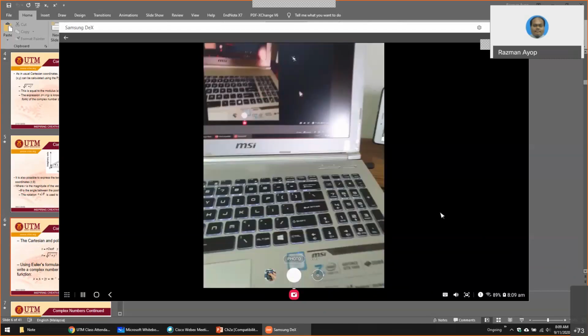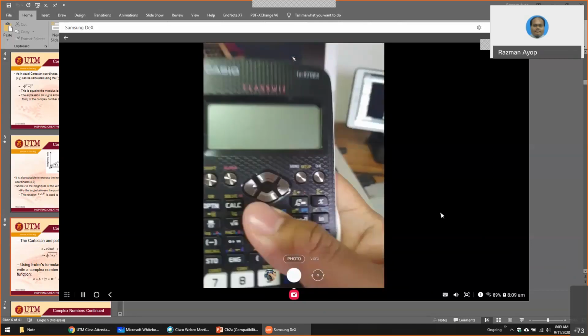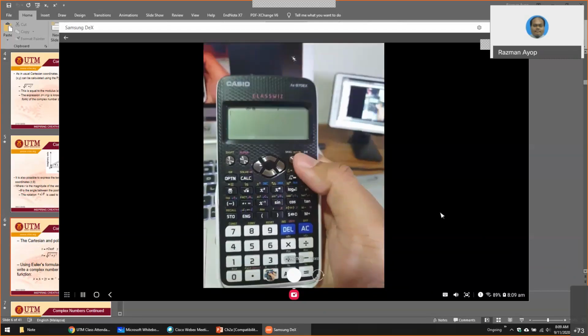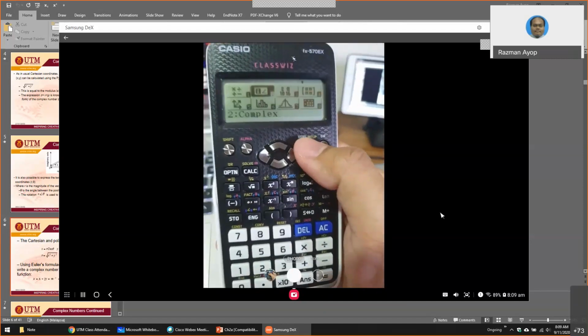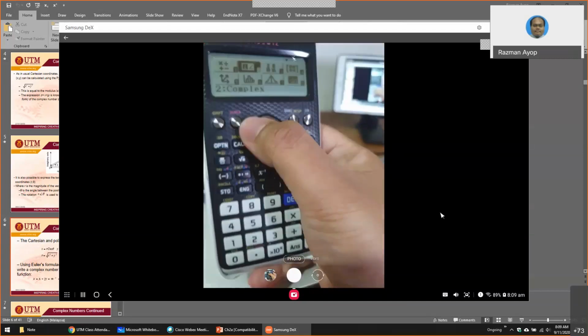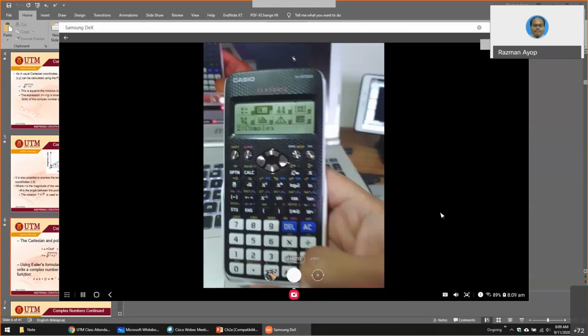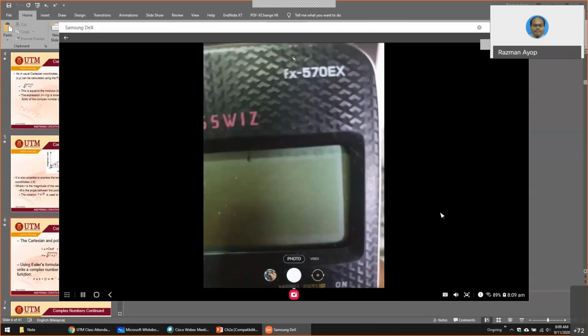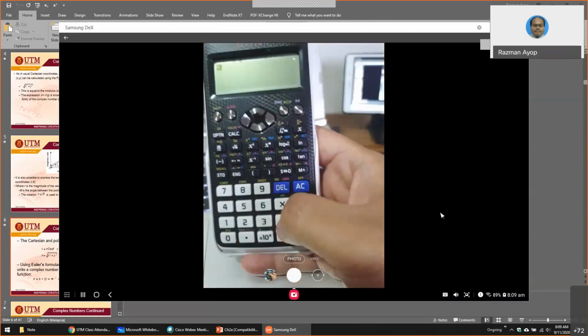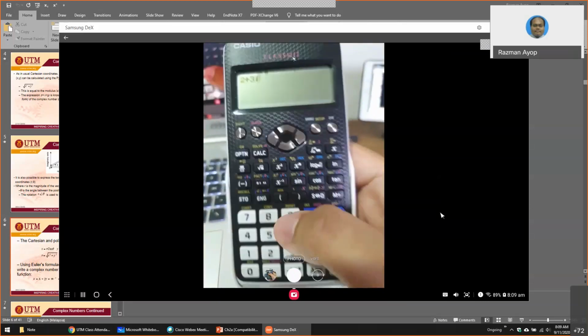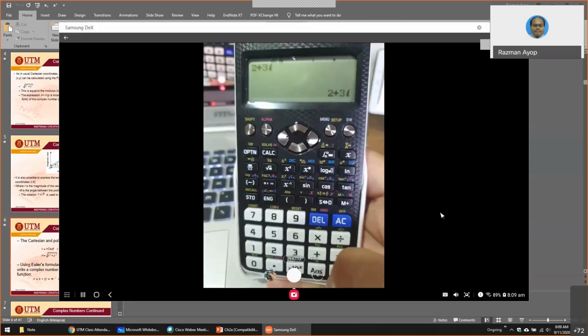So how about the new calculator? For the new calculator, you have to press menu or setup. Press 2, or you can move to 2, then equals, so you are already in complex mode, and you can see i at the top. So how to do this? 2 plus 3, j, so j is here, then equals.